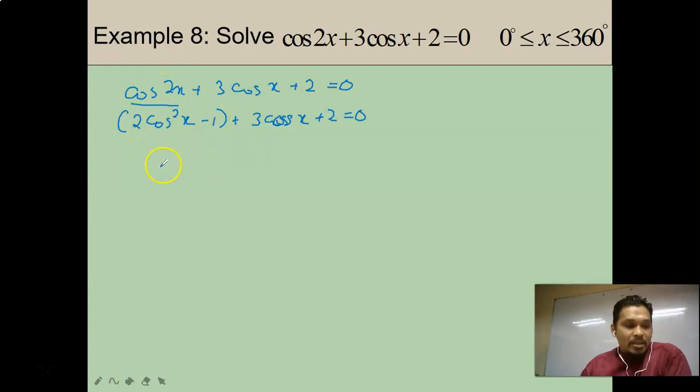So this now becomes negative 1 plus 2 equal to 1, so 2 cos squared x plus 3 cos x plus 2 minus 1 equal to 0. Then factorize this.